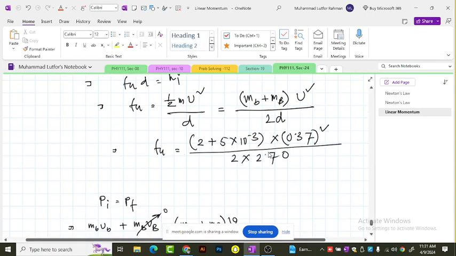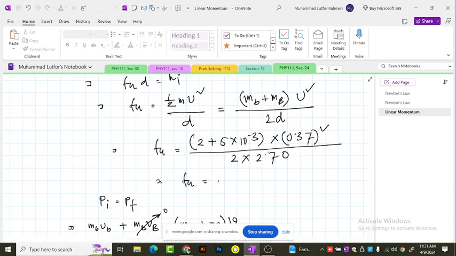If you plug in, you will find this Fk should be 0.05 Newton. That's the frictional force acting on it.